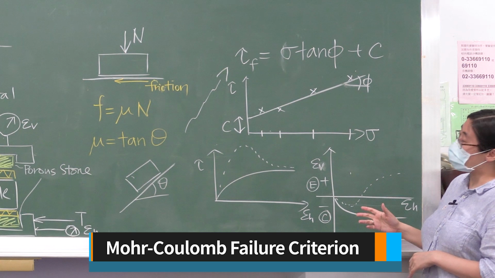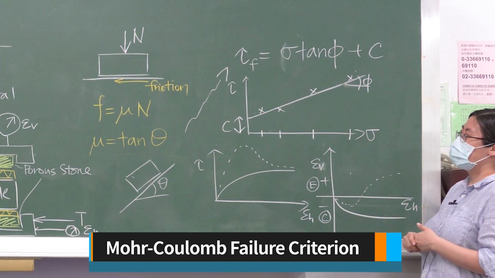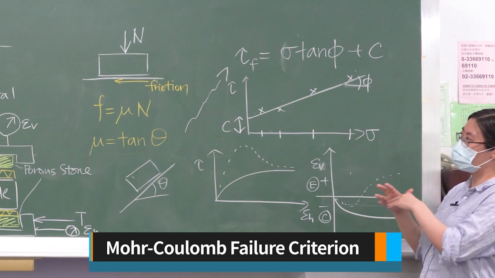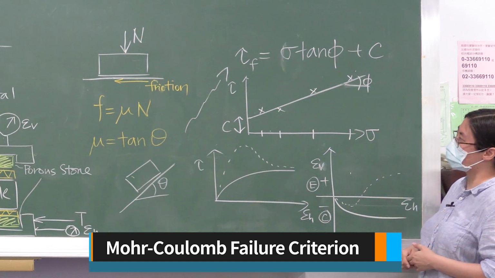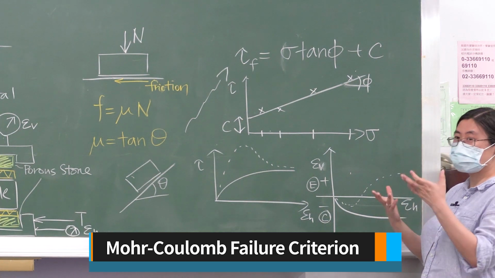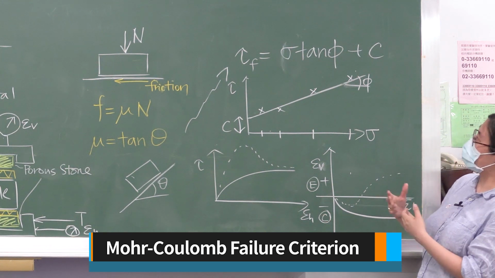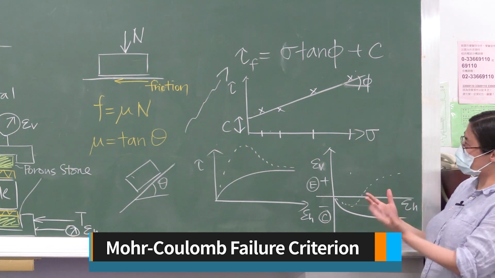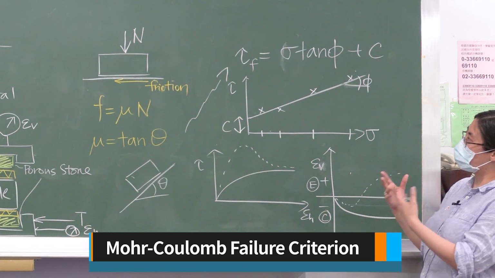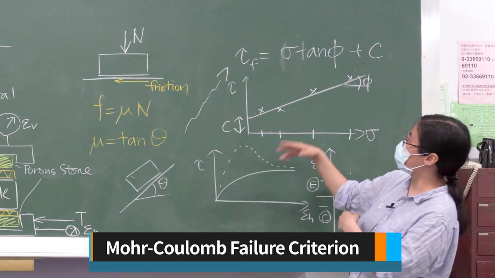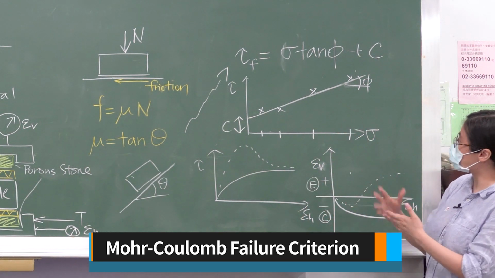In addition to that, sometimes if you have fine particles in your soil system, they may contribute additional shear resistance. Okay, so this shear resistance is not related to the normal force or normal stress.